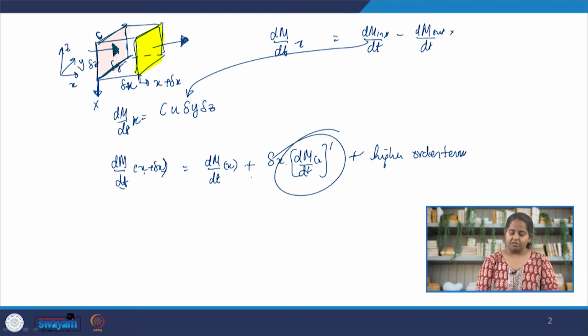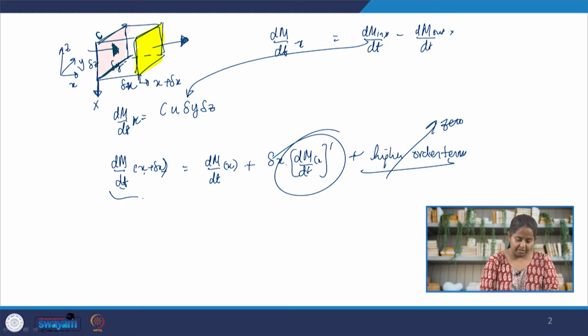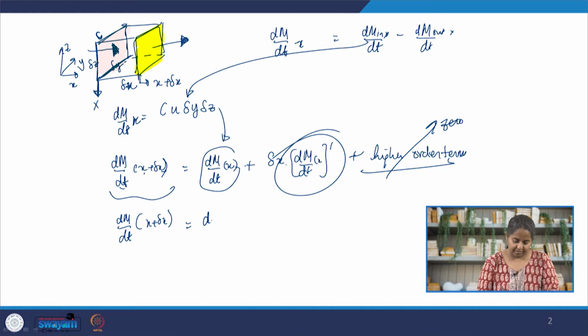As long as this is not 0, we can ignore the higher order terms. So now what we are left with is mass out at x plus dx is given by, so this is here, I am just going to write dm by dt at x because we are going to subtract them.